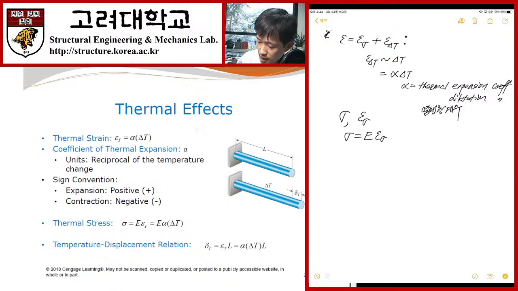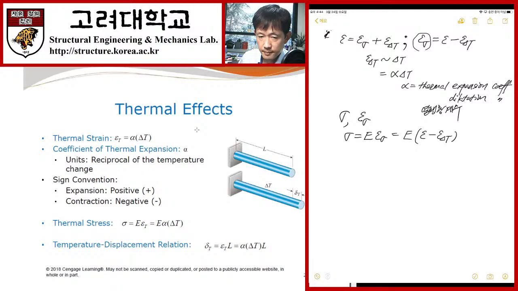From this equation, the strain associated with the stress is equal to the total strain minus the thermal strain. If you have only the thermal strain as the non-mechanical strain, let's plug in the mechanical strain here. Then this is elastic modulus times the total strain minus thermal strain.